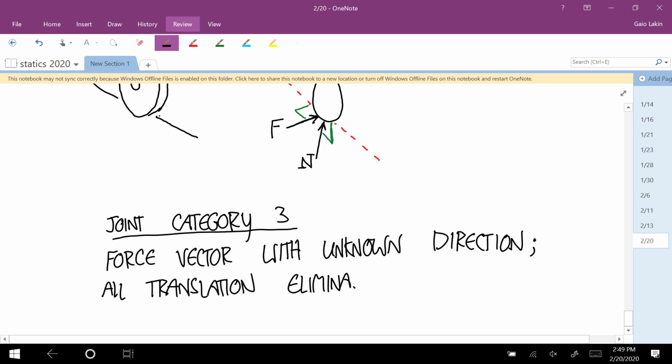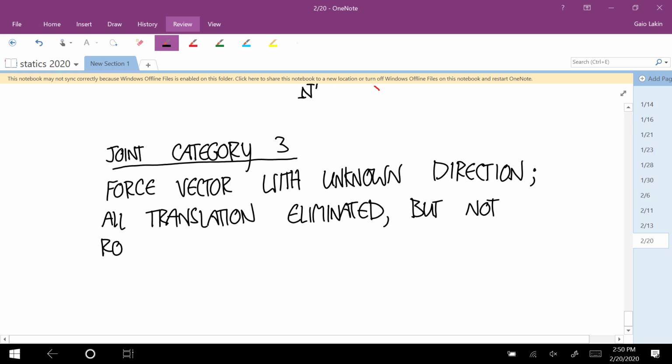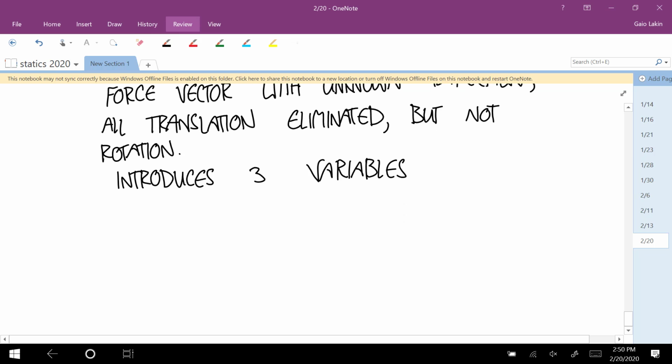We haven't had any couples yet, which means for all of these, rotation is possible around any axis. Okay, so this introduces 3 variables. And the joint in this category is a ball and socket joint.